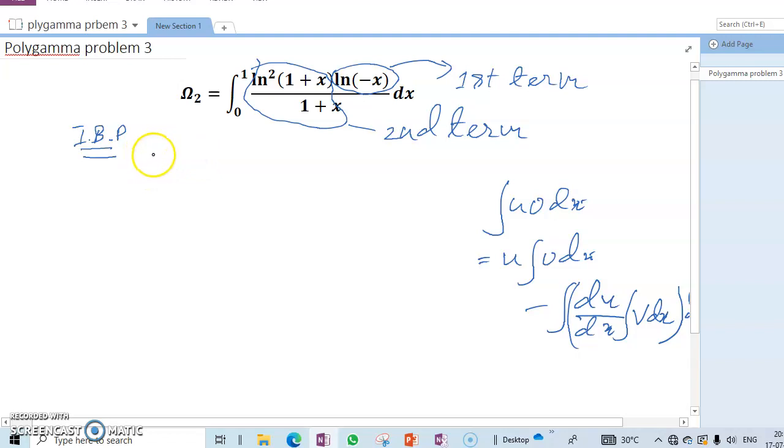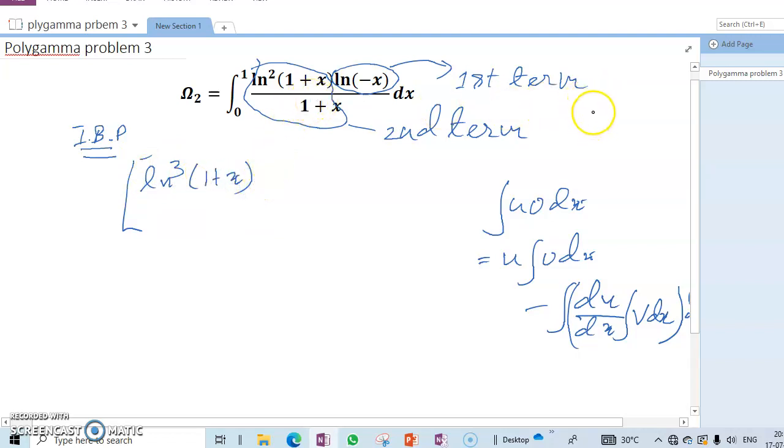So if I use IBP, then I get ln cube(1 plus x).